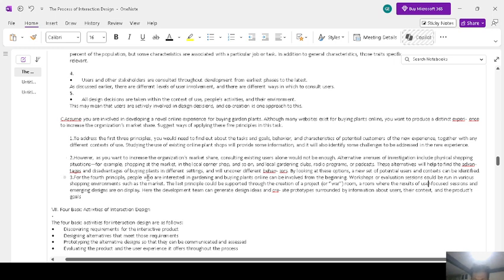Physical shopping situations, for example, shopping at the market, in the local corner shop, and so on. These alternatives will help to find the advantages and disadvantages of buying plants and will inform behaviors. By looking at these options, a new set of potential users and contexts can be identified.